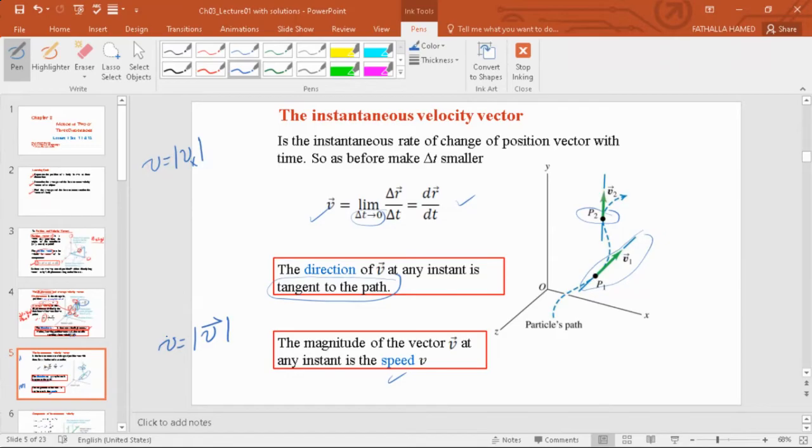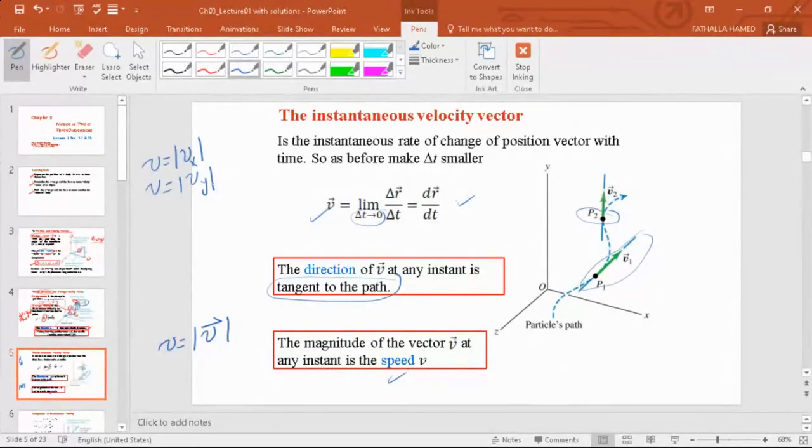By the way, I can write a subscript like P1 or P2 or 1 or 2 indicating at that position or that time, but not to indicate it is a component, like what we did in the case of x, or when we dealt with free fall, where we said it is the absolute value of the y component. So this is something that you have to keep in mind.